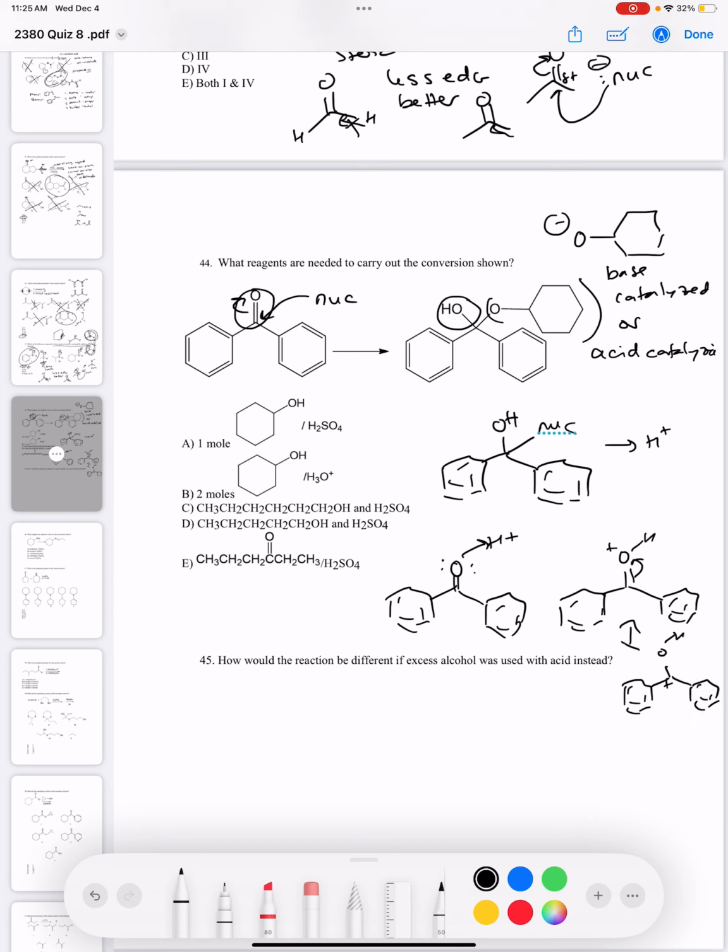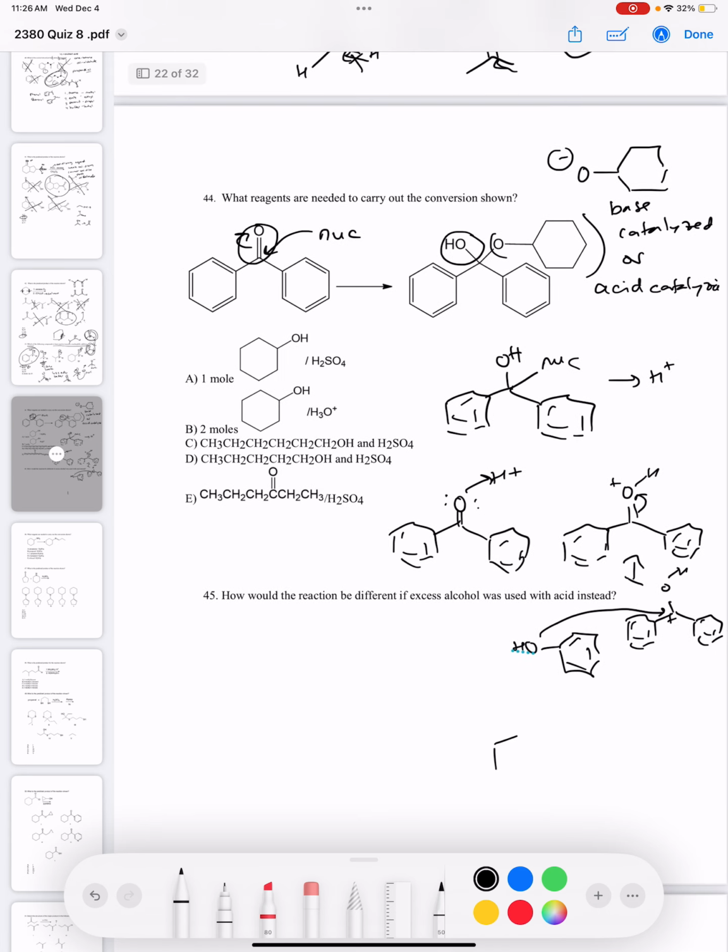Sorry, my handwriting is so bad. Then even a weak nucleophile like alcohol, HO, would attack here, and you would get the protonated version where it looks like this. Oh, this is not a benzene, it's just a plain alcohol. So then you get a protonated version with OH and OH plus and the cyclohexane, and then you would just deprotonate that, get rid of this, to get your final structure.